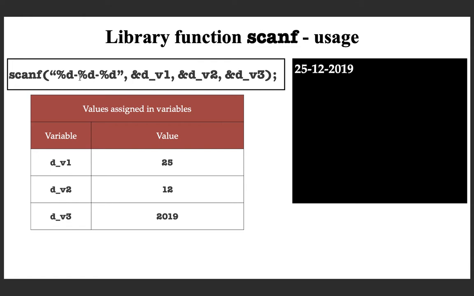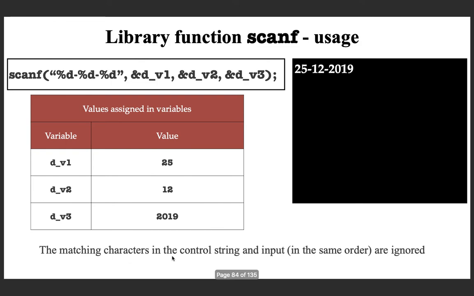Any character you can use here, and the same character appearing in the input will be ignored. And I think you can see why I need all these things. Maybe the user is inputting a date. I am taking it as 3 decimal values in my program. That's fine. So this is what I said, matching characters in the control string, like minus, and input here are ignored.